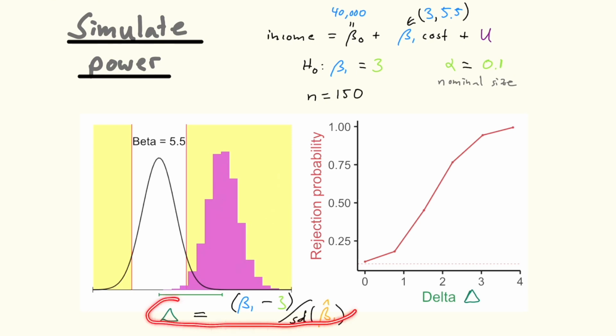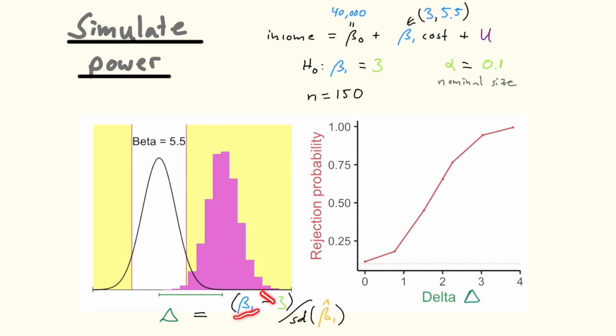This formula maps every beta 1 into a value of delta. For example, if the null hypothesis is true, then beta 1 is equal to 3. We have 3 minus 3, so delta equal to 0. So we would be here. Now the probability of rejection at delta equals 0 is very close to our nominal level of 10%, which is exactly how we like it.